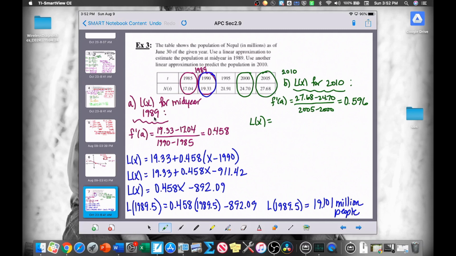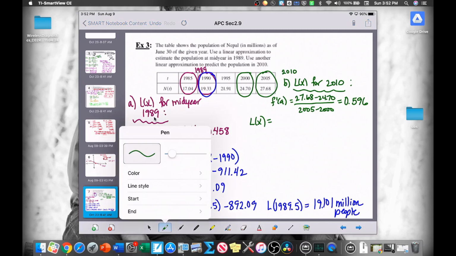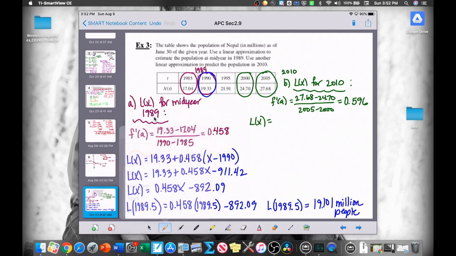Now I am going to write my linear approximation. And again, I have to choose an ordered pair here, right? So the ordered pair that I'm going to choose is going to be the one that is closest to 2010, which is going to be this one. So my L of x is going to be equal to 27.68, that's the y value of my point, plus my slope, 0.596, times x minus the x value of my point, which is 2005.